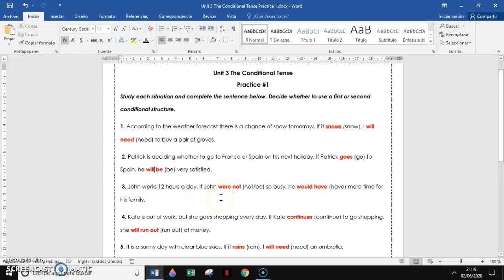Number 3, John works 12 hours a day. If John were not so busy, he would have more time for his family. So this is an unlikely situation. This is not real. This is an imaginary situation because John works 12 hours and he's very often busy, right? He's working all the time, so he hasn't got time for his family.